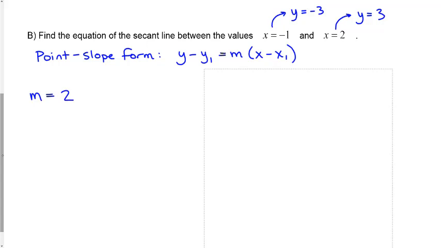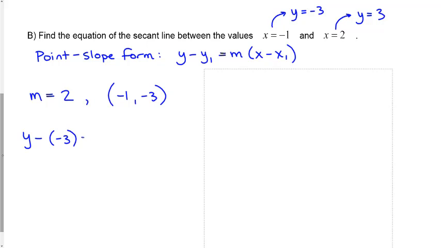I just need one of these 2 points. It doesn't matter which one. I think I'm going to go with the point negative 1, negative 3. I'll take this slope and this point, and plug it into my formula. So it's y minus, and y1 is, whoops, negative 3. Sorry about that.